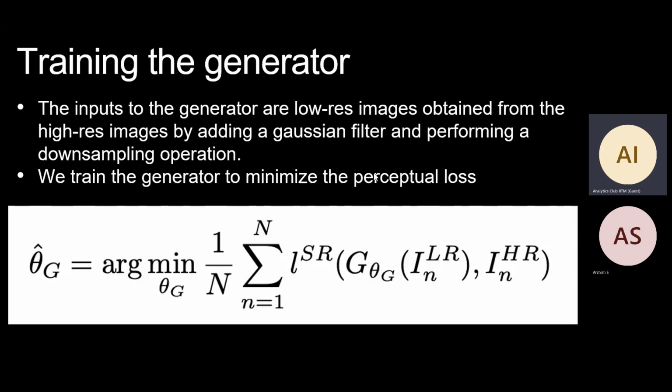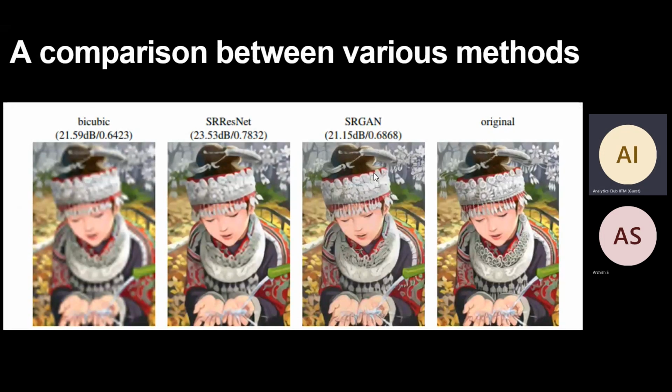Yeah, all right. So we'll just look at a quick example of how SRGAN works with respect to other models that are used for the same thing. We need not know about the other models much, but you can see that the SRGAN output and the original image look almost similar.